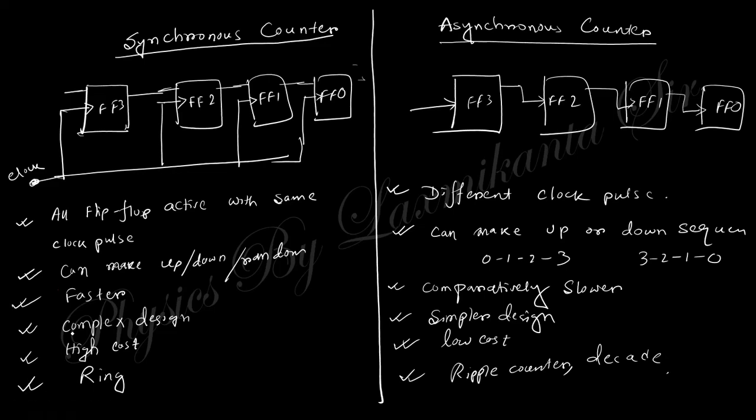Now we need to understand some basic things, that is the mode value of a counter. What do you mean by mode value? Mode value is the number of different states.